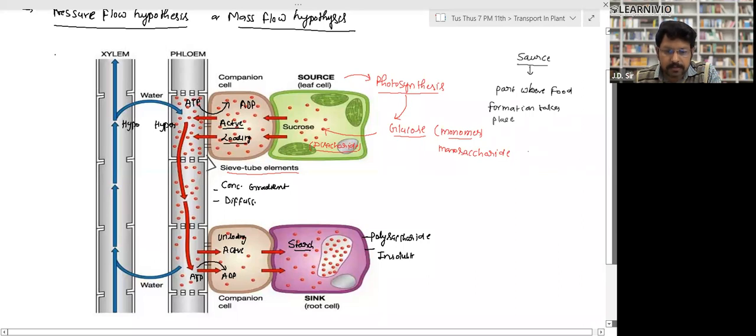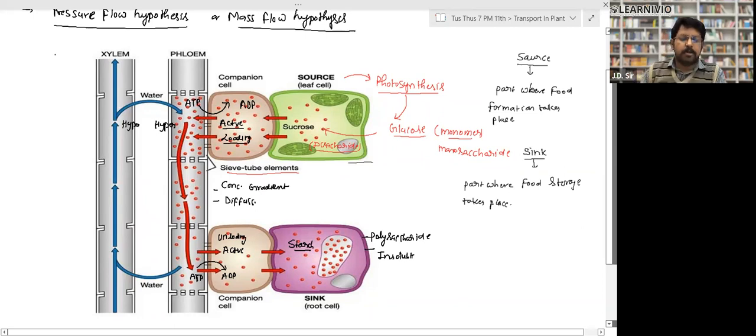Now, what is the sink? Those parts where food storage takes place, right? So this is the source and the sink.